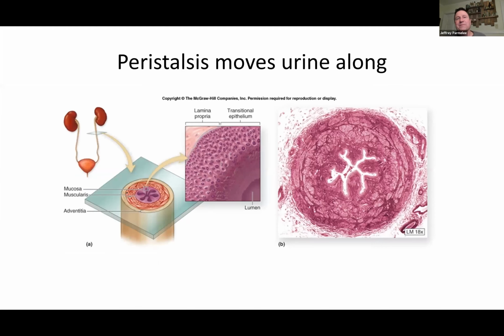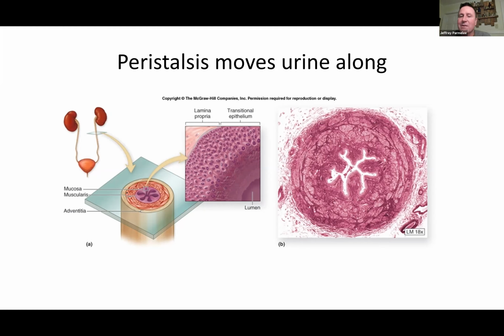Now your ureters that come from the kidney to the bladder, again, it's not gravity that just drips down like an IV drip. The urine is actually squeezed down. So it has these rhythmic movements down the ureter that squeeze the pee in front of it. And if you're making a lot of urine, it happens often. If not, it happens about every minute.